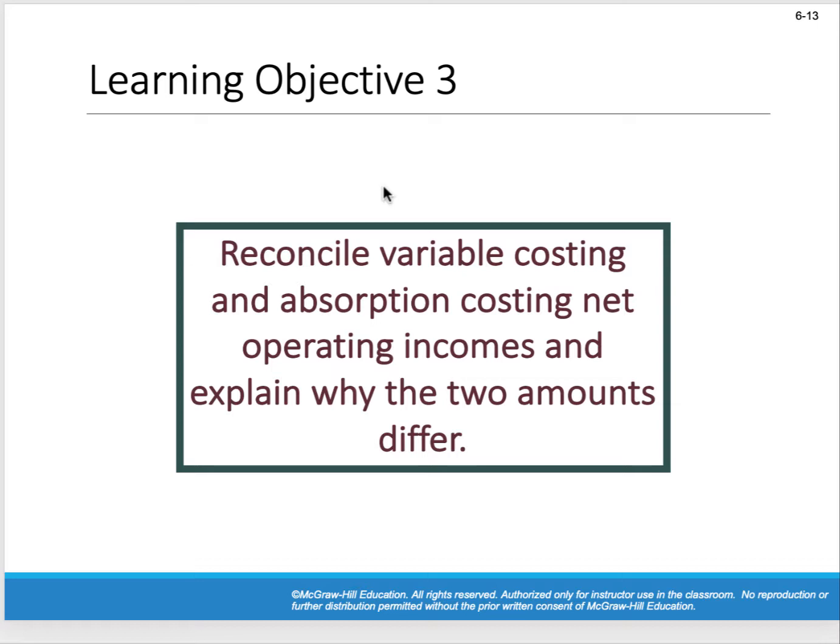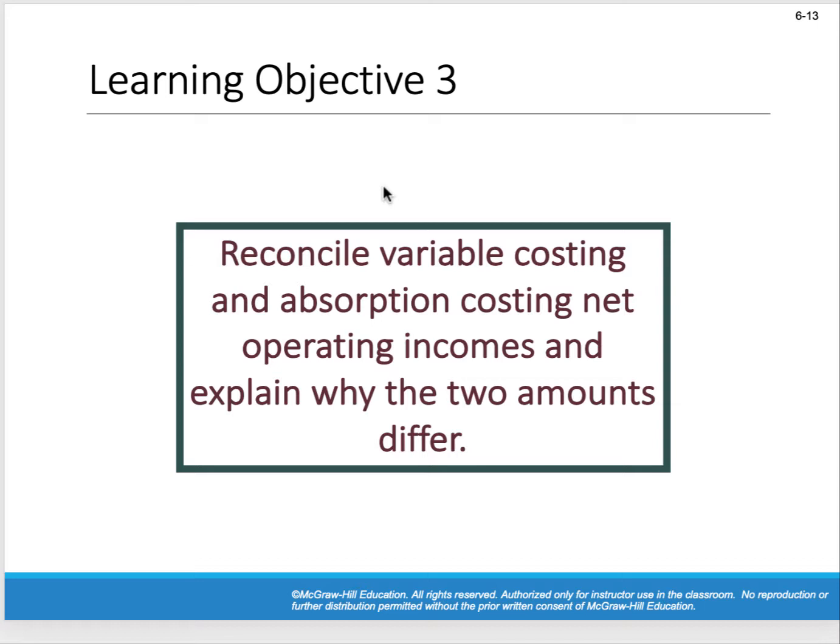Under the absorption method, variable and fixed manufacturing overhead are part of the product cost. Under the absorption method, that fixed manufacturing overhead, we only recognize when we sell the product.